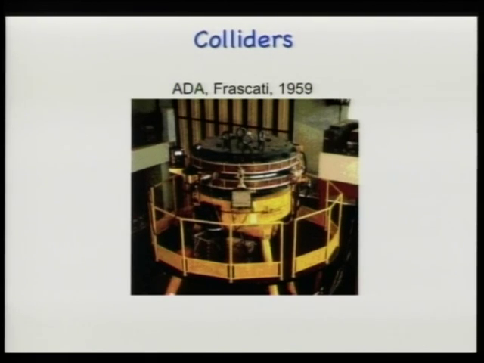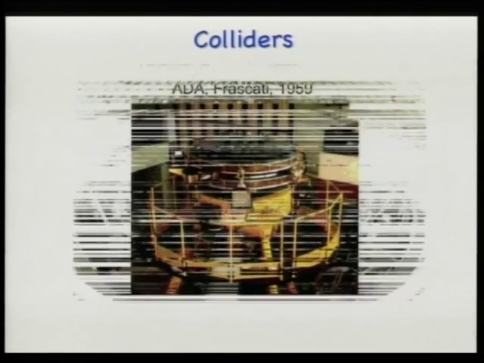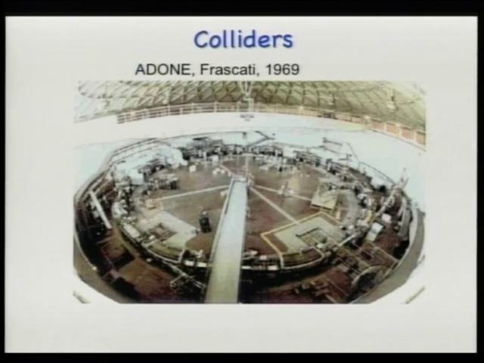This was the first collider ever built here in Frascati by this guy, Bruno Touschek, in '59. Then we had Adone. Ada means anello di accumulazione. Adone is a large Ada, or if you want, a beautiful machine that worked from '69 until the '90s.